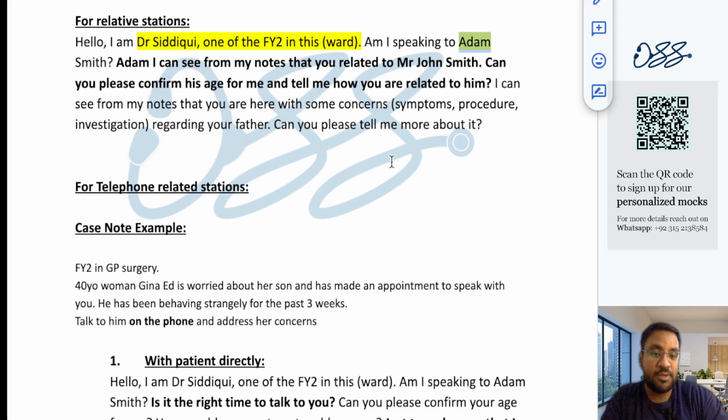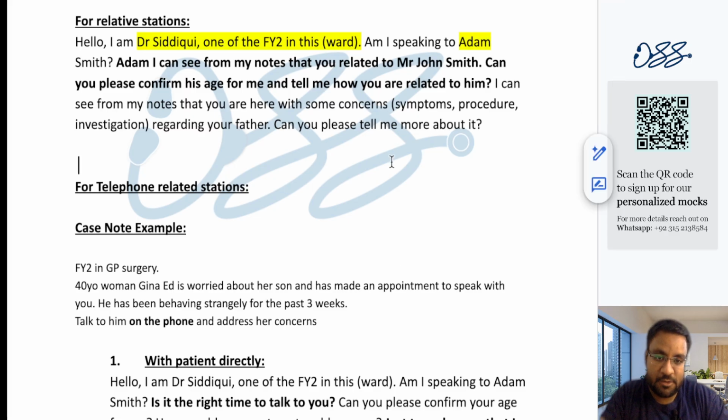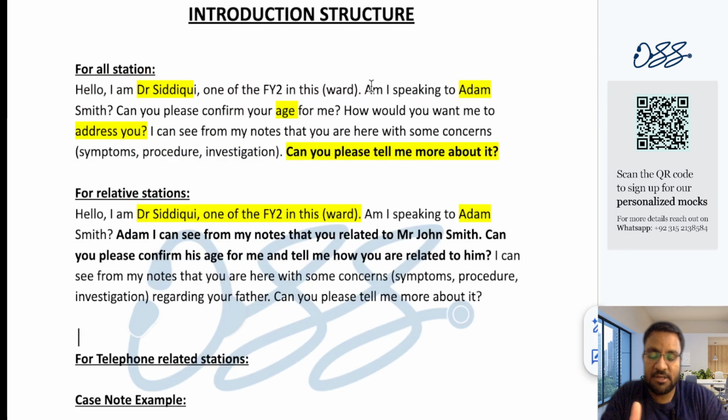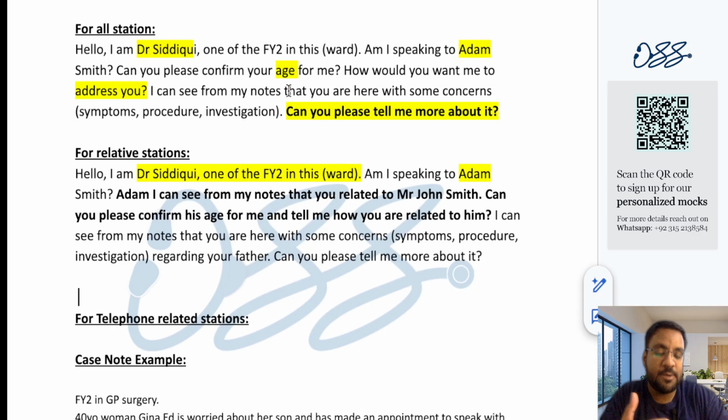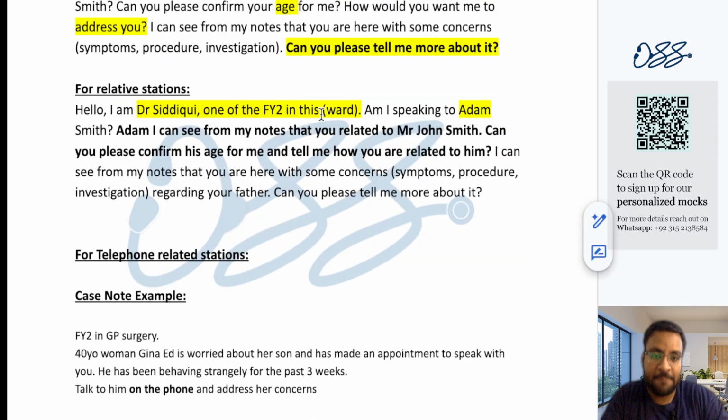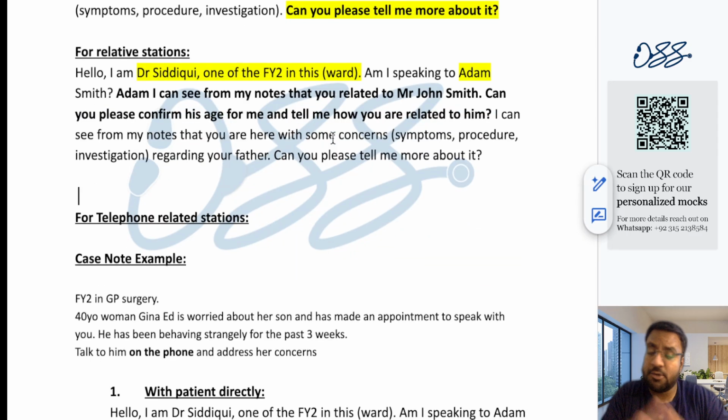The change over here is that earlier, when you were talking to the patient, you had to confirm the identity in two ways, the name and the age, because you were talking directly to the patient. But in this case, you just need to confirm the name. There is absolutely no need to ask about the age of the relative, because the relative is not your patient, so the age becomes irrelevant.